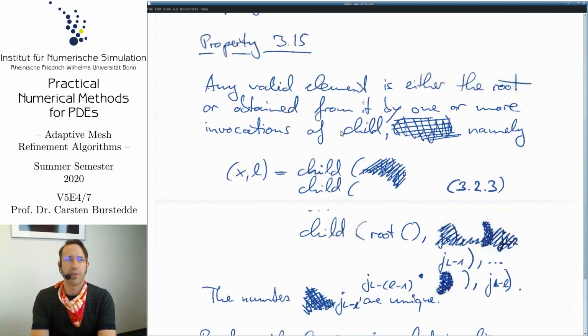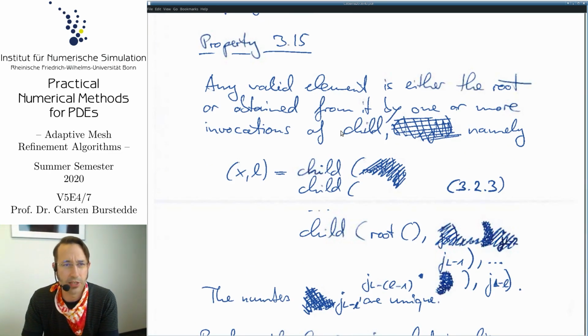So we had property 3.6, where we said that each child and child of child recursively automatically gives us a valid element. What about the reverse direction of the conclusion? Is any valid element derived from the root by a certain number of child calls?